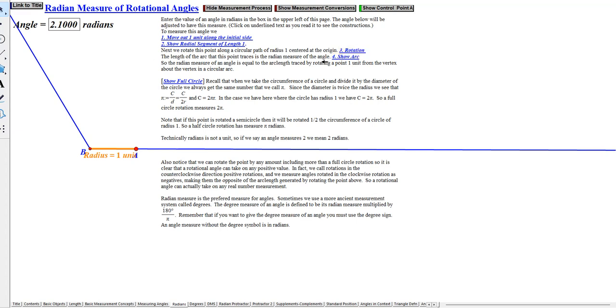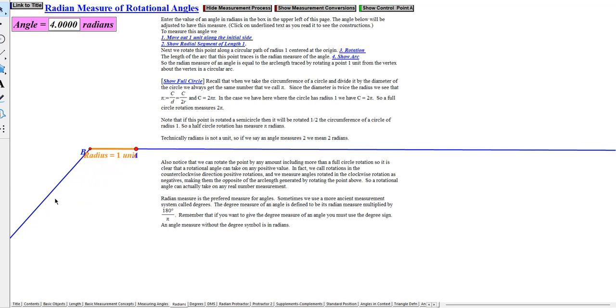Now that's no different than how we measured them before, except now we're going to allow this point to not just go to there, it could go even further around. Let's see if this will go bigger than pi. Let's go 4 radians and see if it'll do. Yeah, so there we go. And so now we can rotate around.